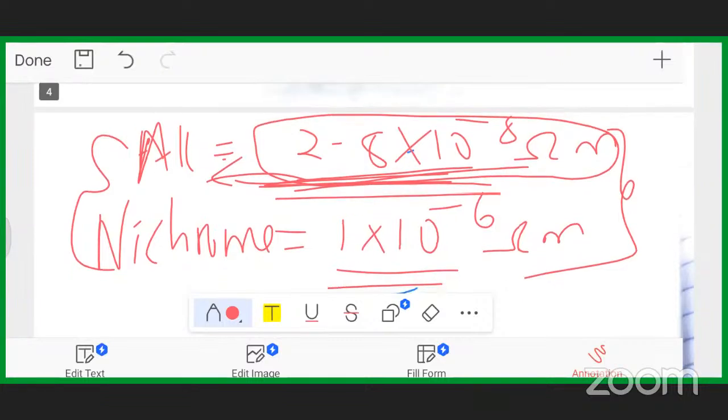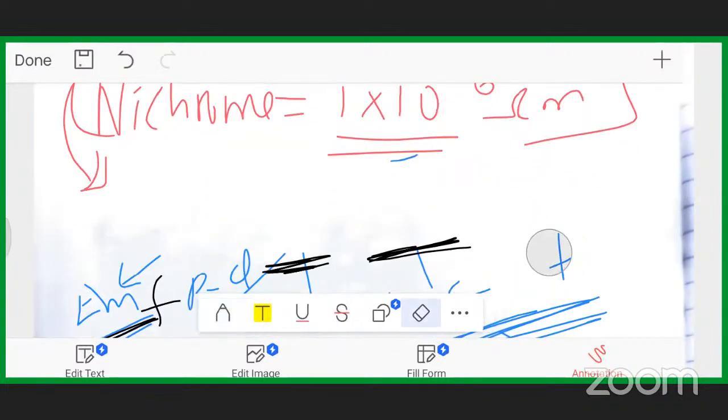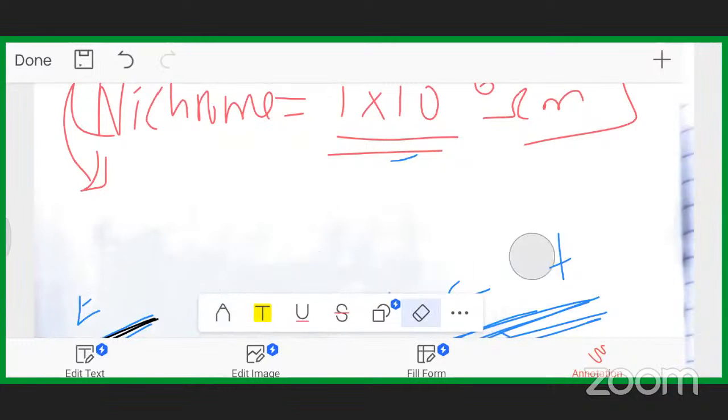So let's use, for instance, aluminium. You'll use the value I've given you for aluminium in the equation.